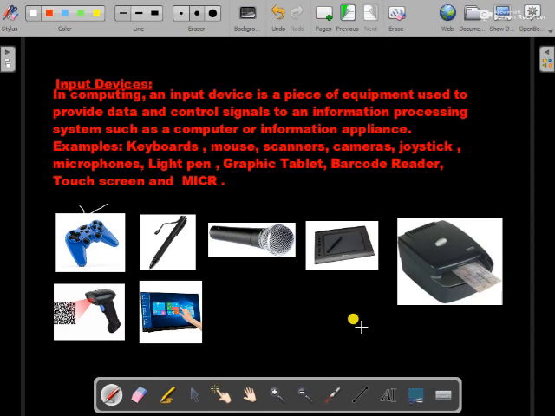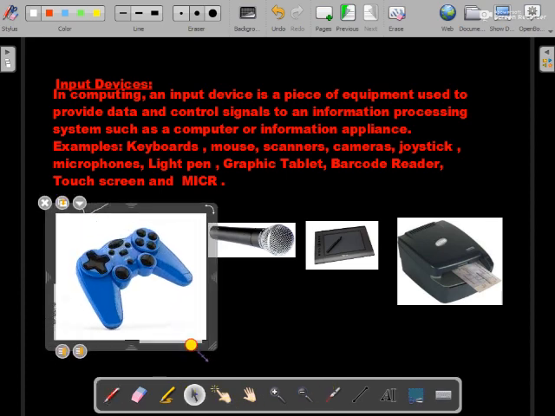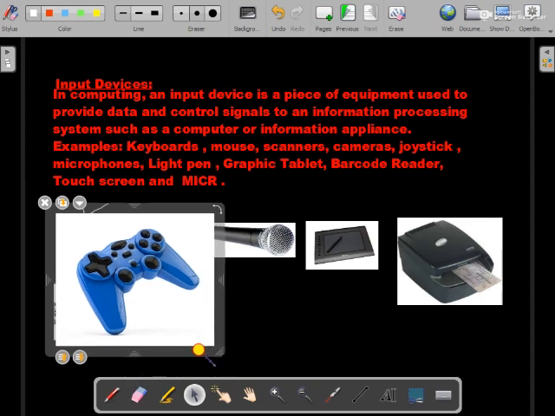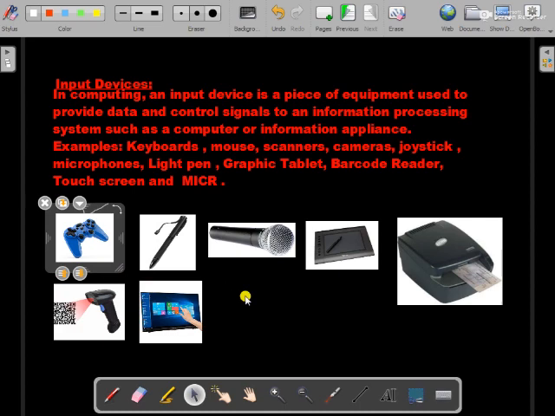Joysticks are popularly used for playing video games. This is the joystick image. I hope most of us use this when we are going to play any video game.